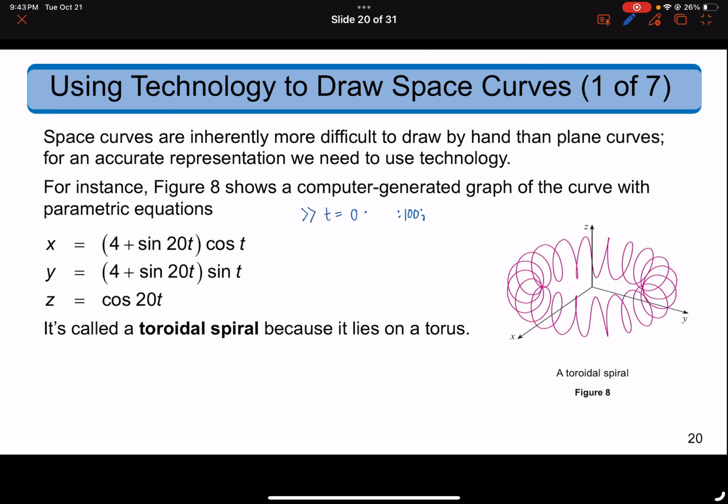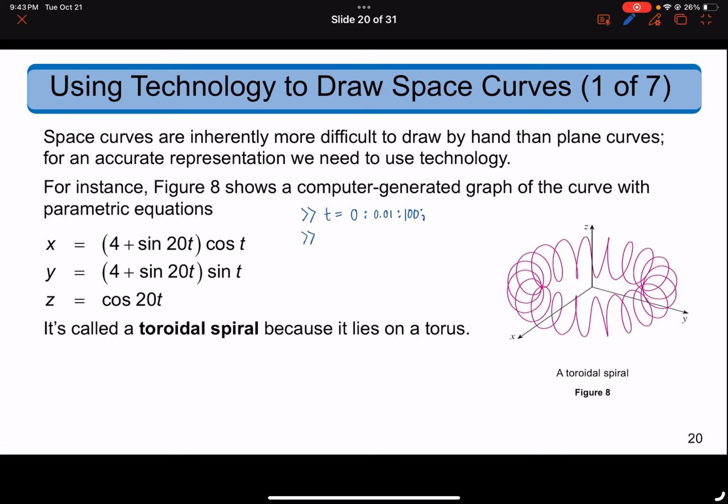Now I want a smaller interval, so we can have 0 to 100 and we can apply 0.01 as the interval. So it would be 0, 0.01, 0.02, 0.03, up to 99.99 until we reach 100.